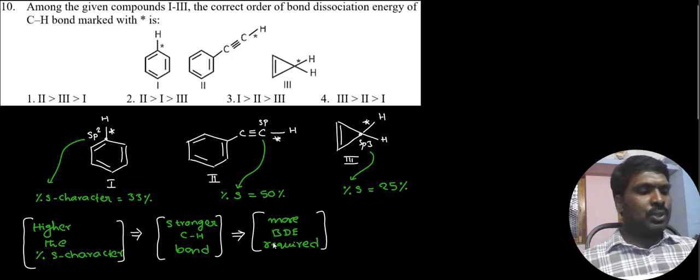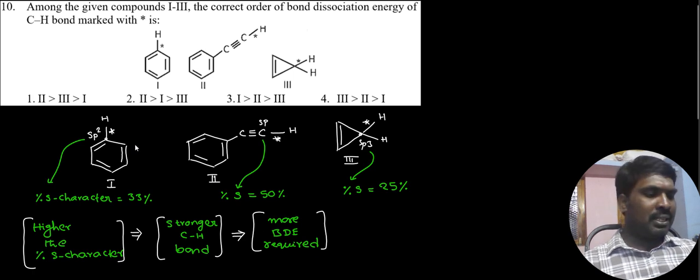Now moving to the next question. Among the given compounds 1, 2, 3, the correct order of bond dissociation energy of the CH bond marked with star is. Here 3 compounds are provided: benzene, phenylacetylene, and cyclopropene. Here the bond is labeled with star.